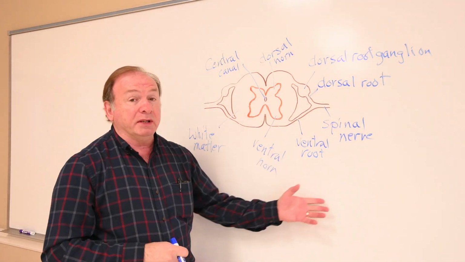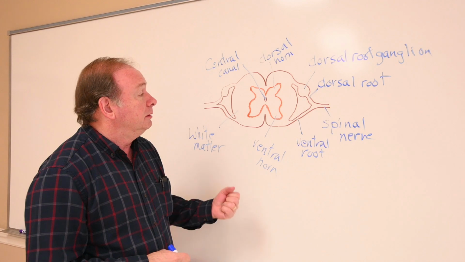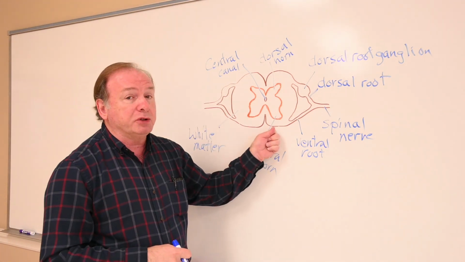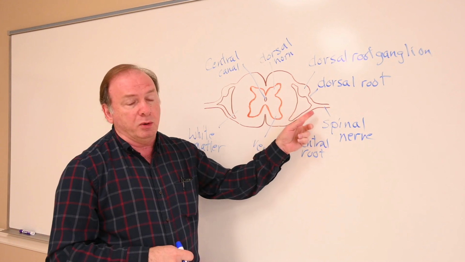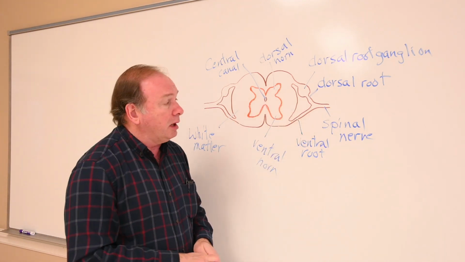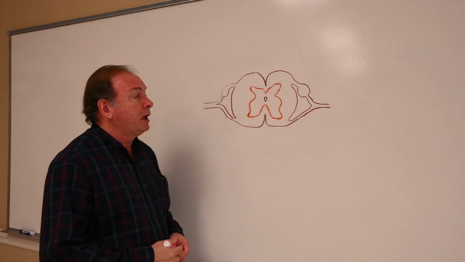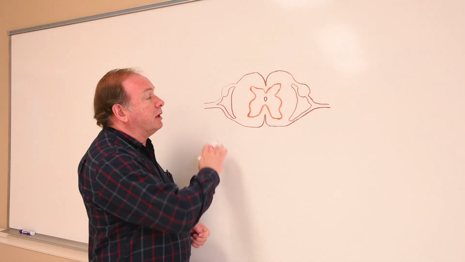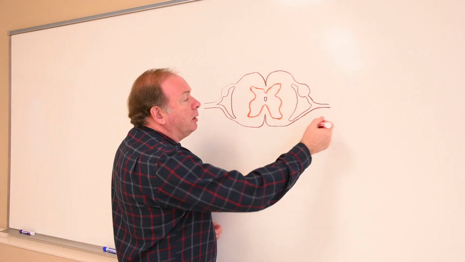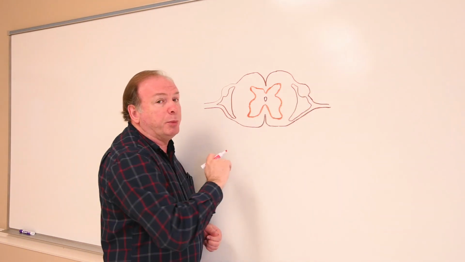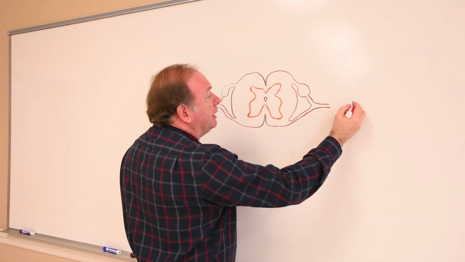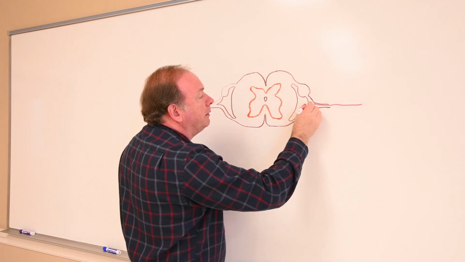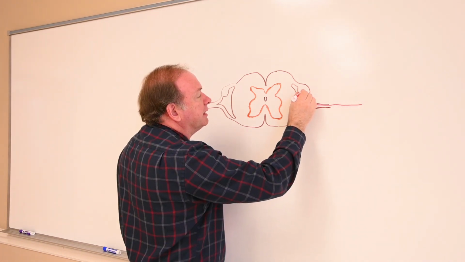Next, we're going to erase these terms associated with the spinal cord, but we'll leave the picture up here and we'll talk about a normal reflex arc of the spinal cord. All right, so here we go. We've got this cross-section of the spinal cord. We have signals that come in from the periphery, these incoming signals. These are afferent signals.